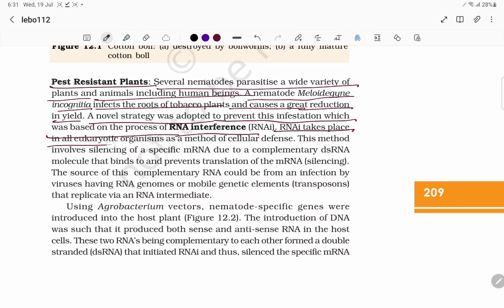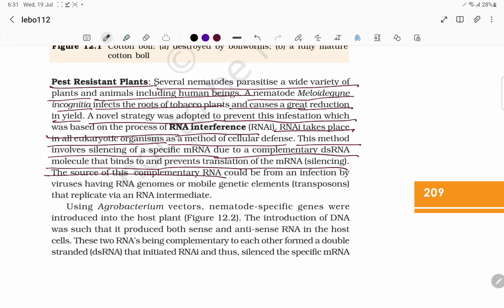RNA interference takes place in all eukaryotic organisms as a method of cellular defense. This method involves silencing of a specific mRNA due to a complementary double-stranded RNA molecule that binds to and prevents the translation of the mRNA, that is none other than the silencing.